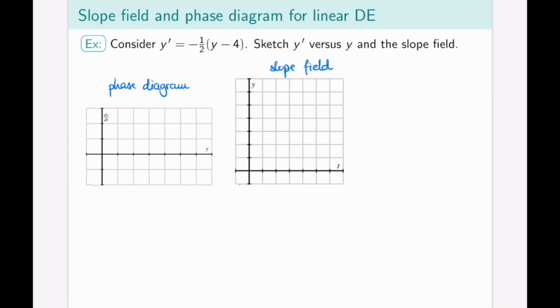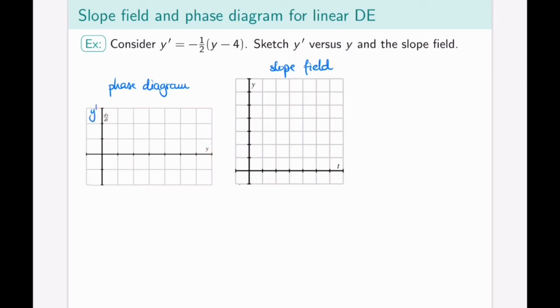In the slope field here, just like the one on the previous page, I am sketching t versus y, which means that you're sketching slopes for the actual solution, and then if you can follow those slopes to produce a graph, you will be producing the graph of the actual solution, y, to the differential equation. On the phase diagram, we're going to be sketching y versus dy/dt, so y prime.